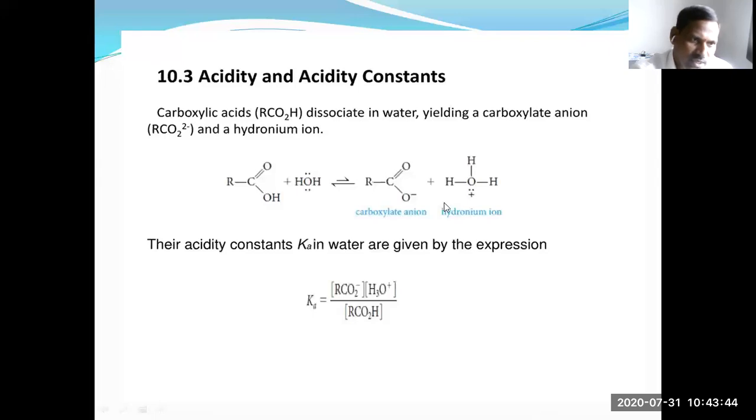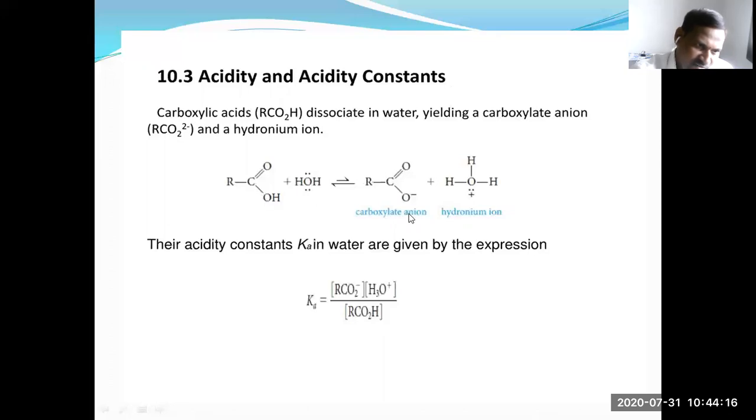So this is the important one, acidity of carboxylic acids. Carboxylic acids dissociate in water, yielding a carboxylate anion and hydronium ion. So water takes a proton from the carboxylic acid, which is converted into hydronium ion.